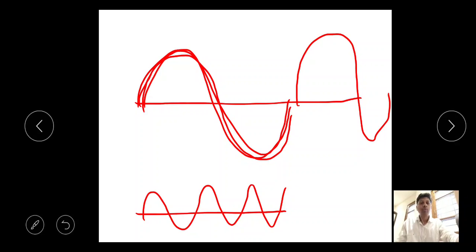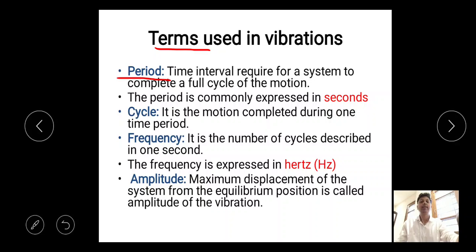So from one point to another point where it again starts is called one cycle. The time taken to complete this one cycle is called the period. So it is the time required for a system to complete one full cycle.